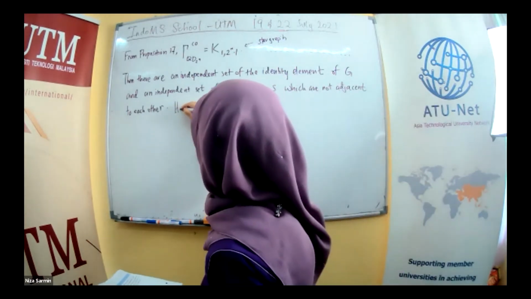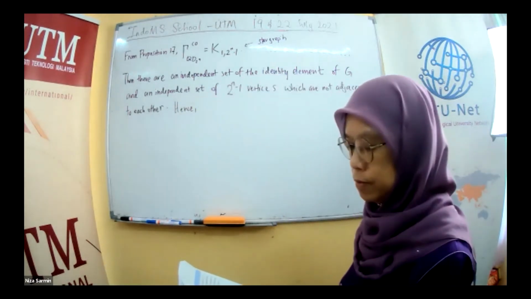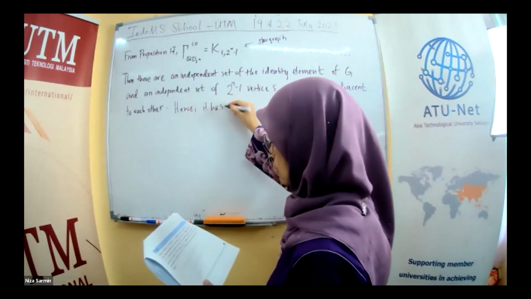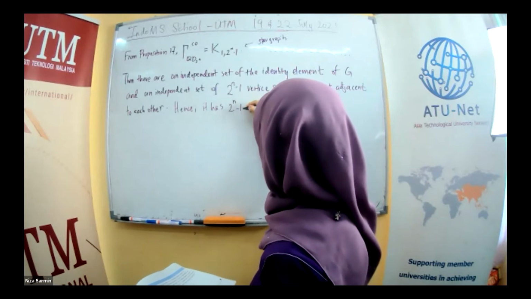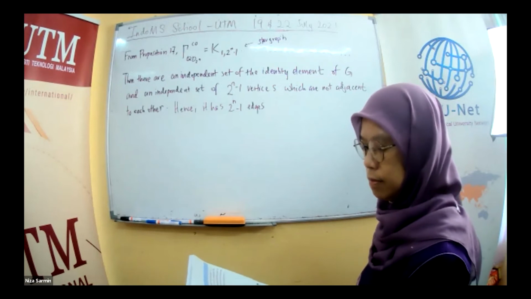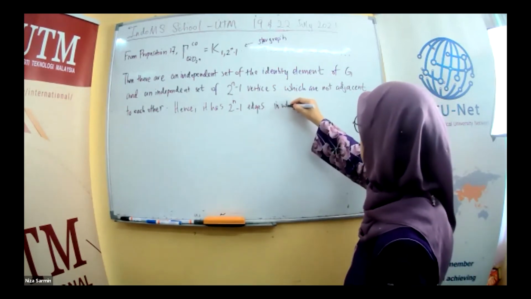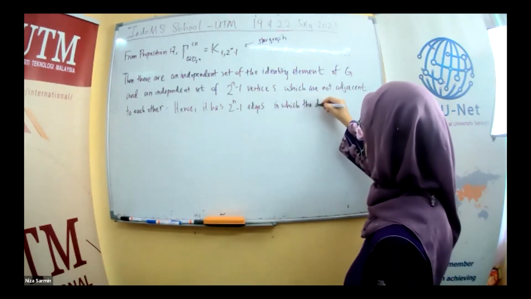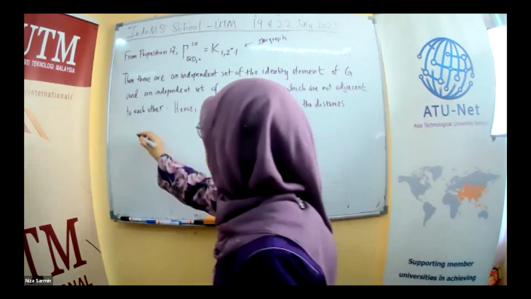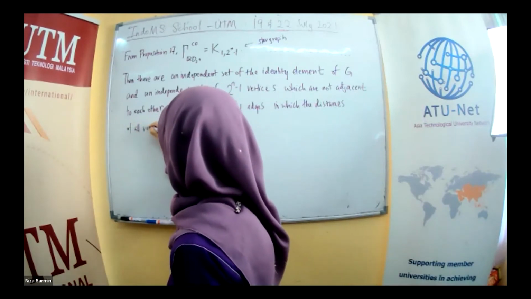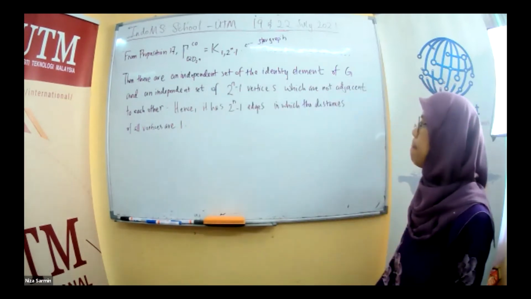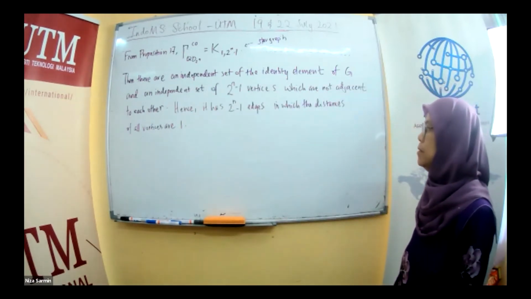Hence, it has 2^n - 1 edges, in which the distances of all vertices are 1, right?